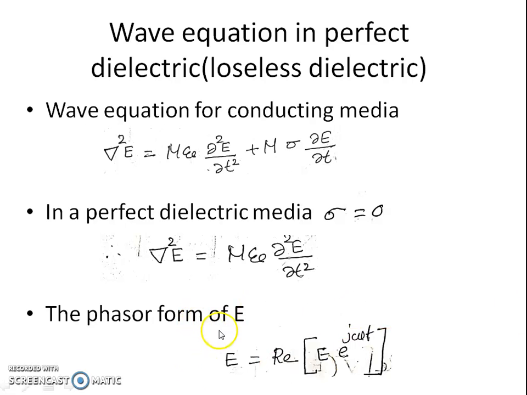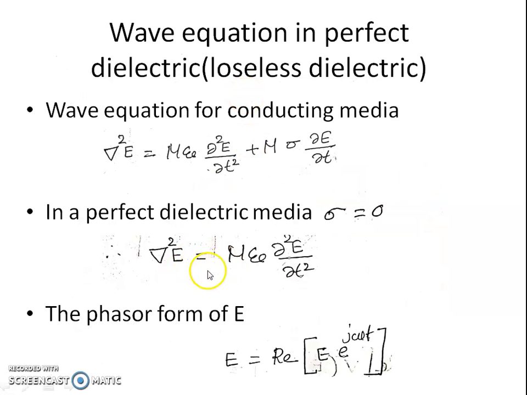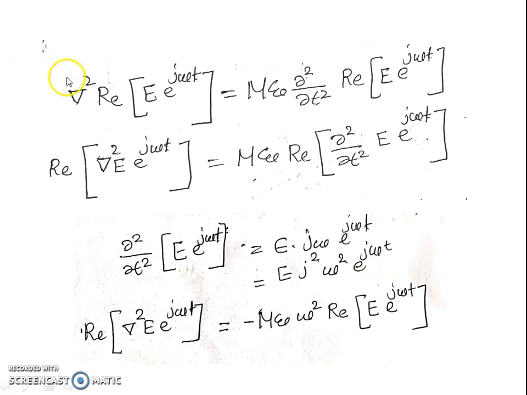And we know the Phasor form of E is equal to real part of E raised to j omega t. And substitute the value of E in the former equation. Then del square real part of E raised to j omega t is equal to mu epsilon dou square divided by dou T square into real part of E raised to j omega t.